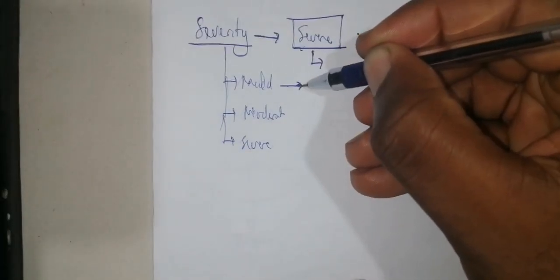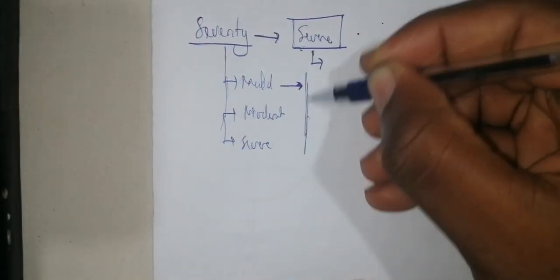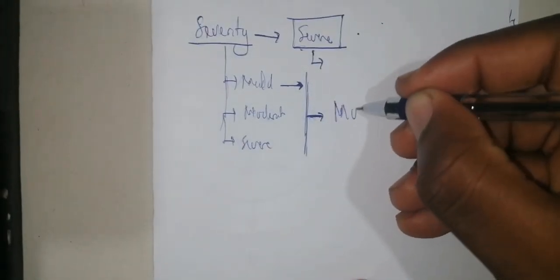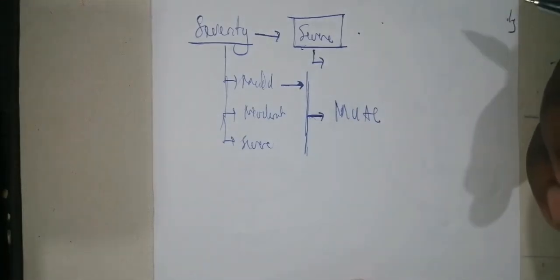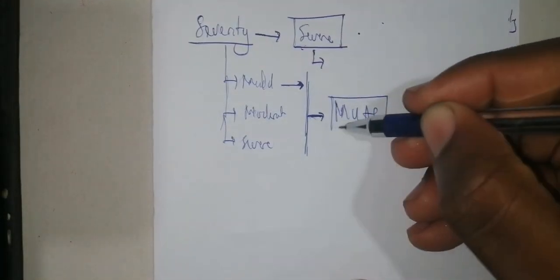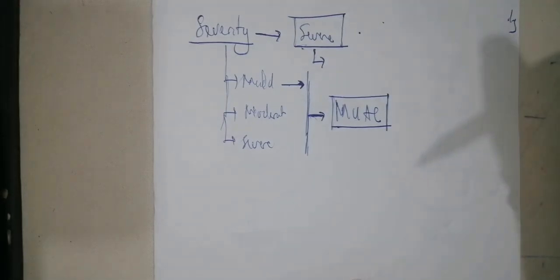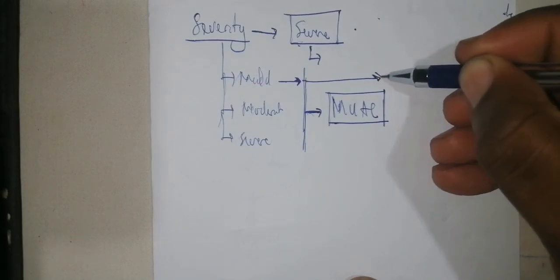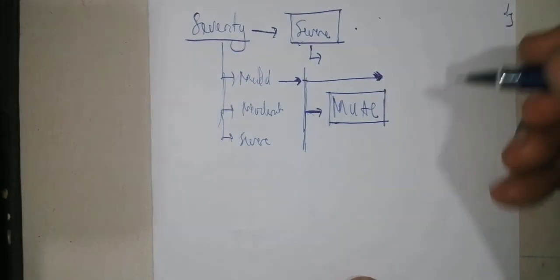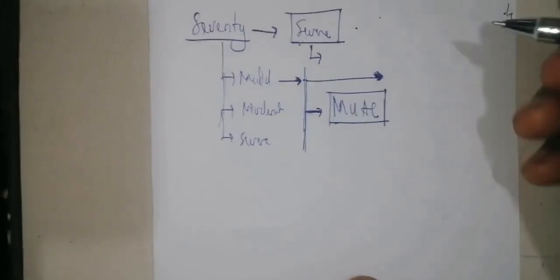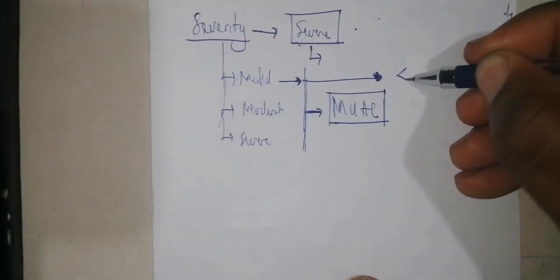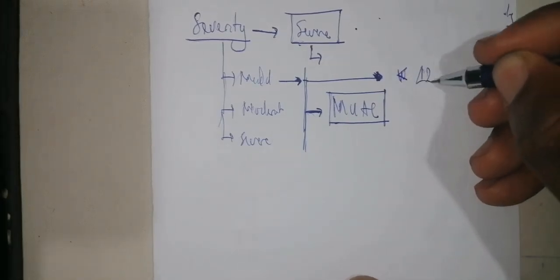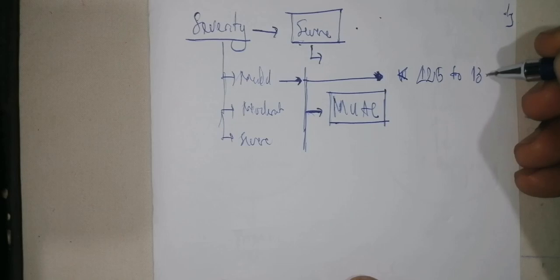Now, on physical examination, how can you evaluate the severity of malnutrition? We are going to use the mid upper arm circumference. Is it clear? The mid upper arm circumference is one element that's going to give you the severity of malnutrition. For mild malnutrition, the mid upper arm circumference is going to be between 12.5 and 13.5.